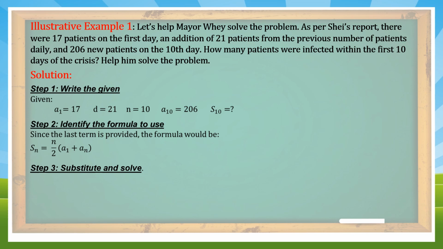Then substitute and solve. Okay, so yung n papalitan ng 10, yung a sub 1, 17, at yung a sub n papalitan ng 206. Yung a sub n natin is 206 ito, not 26 ha. It should be 206. Okay, 206 yan class.